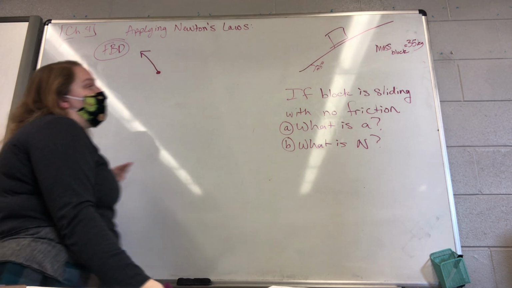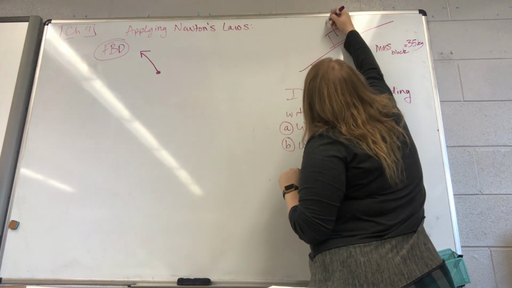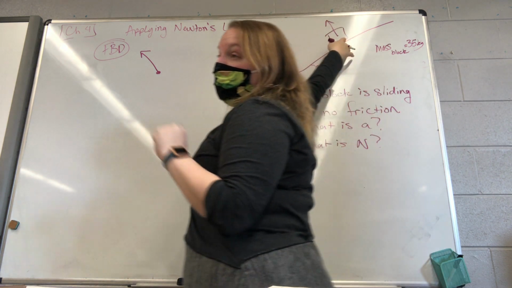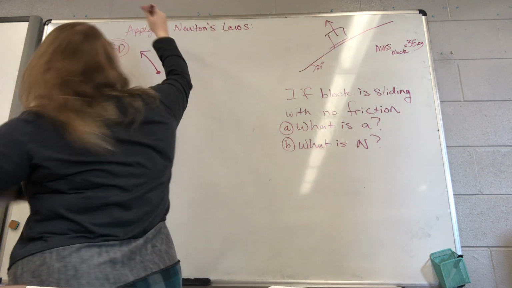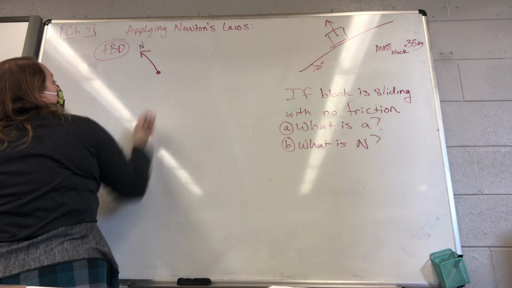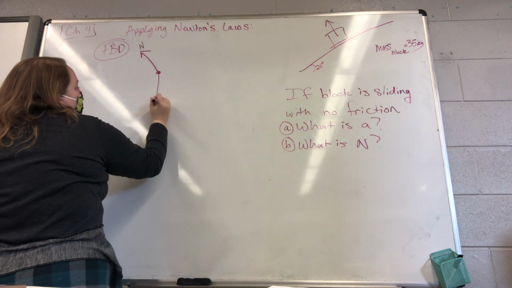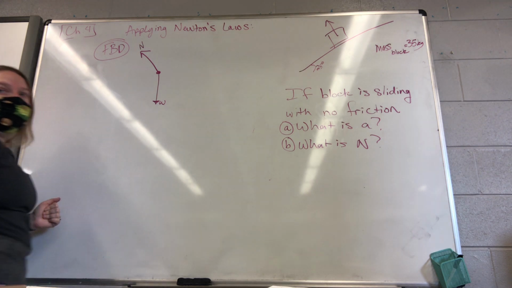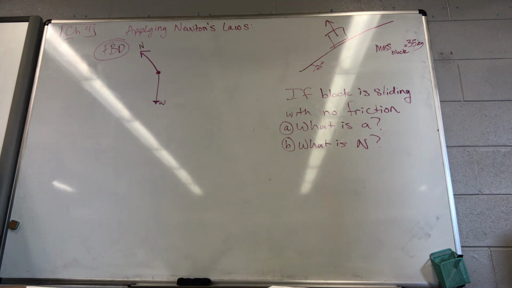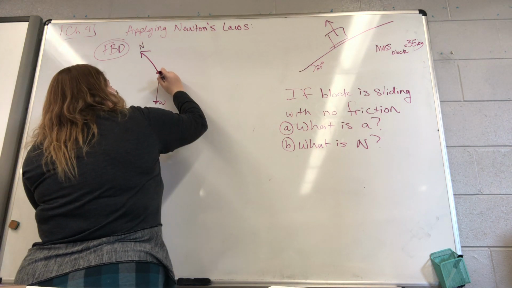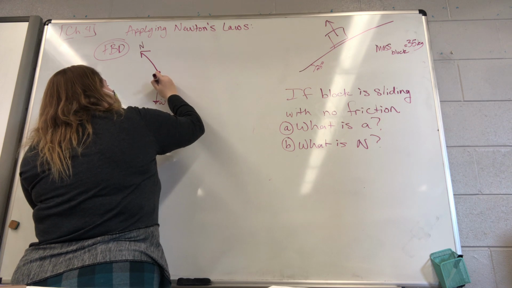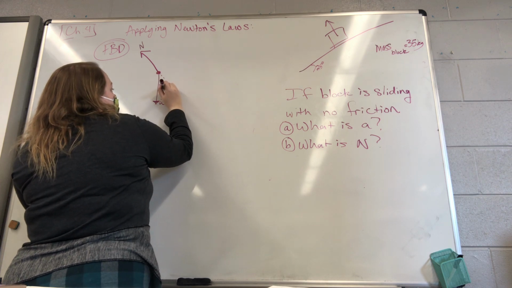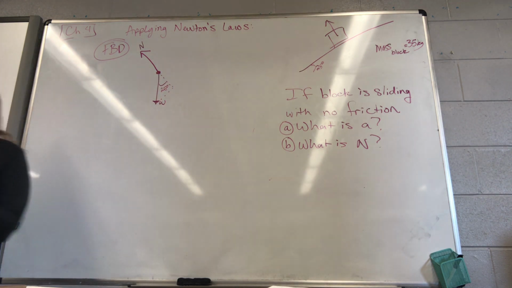Remember that normal acts opposite of the object's surface, so it acts perpendicular to the surface. Weight is going to act straight down, because that's what's pulling it. The angle it's being pulled down with is equal to the angle of the incline.